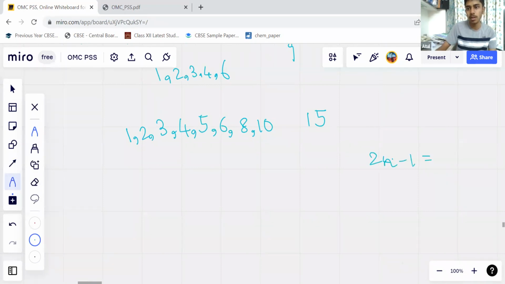So let's say 2n minus 1 can be written as AB. How do we generalize this sort of thing?